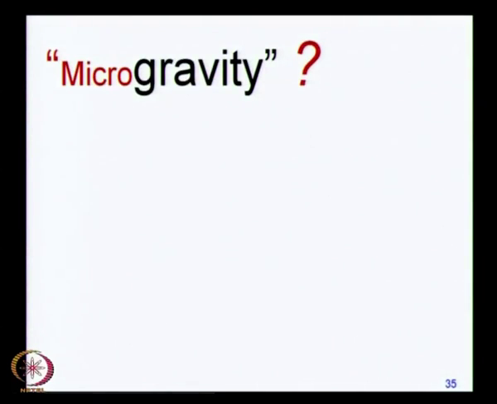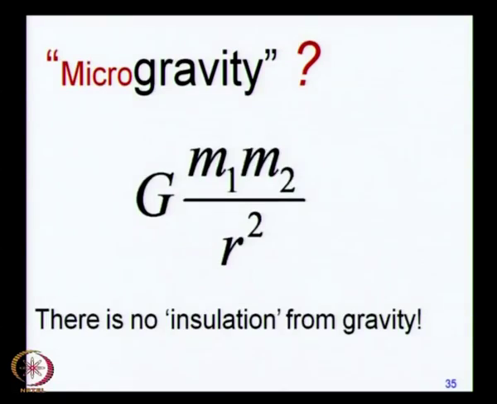Now, we do use the term microgravity, which is used at the NASA website. We also use the term weightlessness over here. No harm in using it, but one must remember that you really do not ever switch off gravity. Okay?